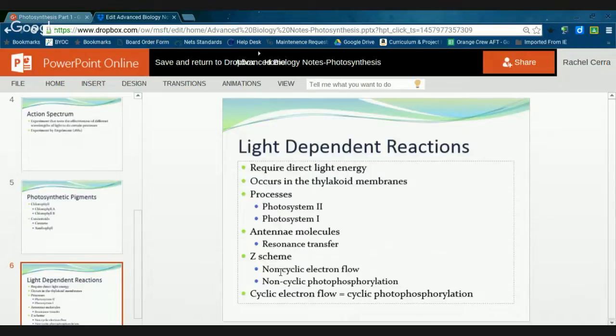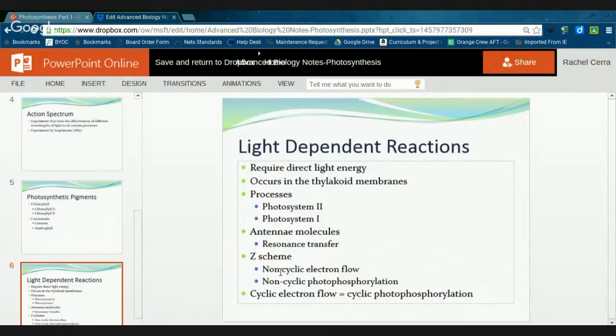And then it's going to do kind of the same thing. It's going to shoot those electrons up into another primary electron acceptor.